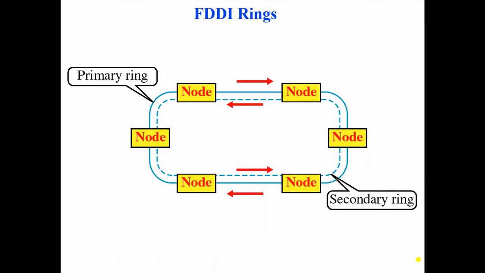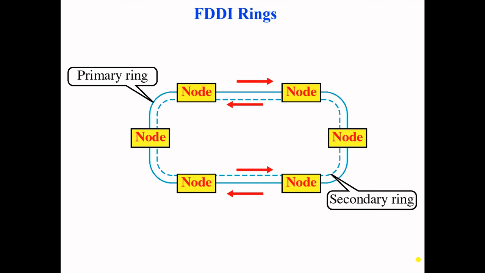These are the FDDI rings. One is the primary ring and the dotted line represents the secondary ring. One token is passing clockwise in one ring, and in the other ring it is passing anti-clockwise.